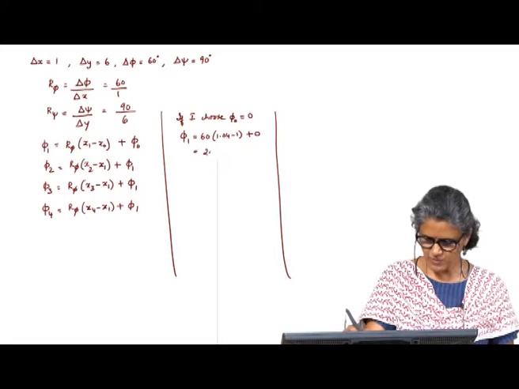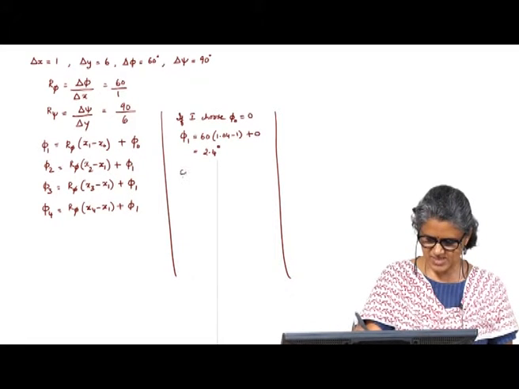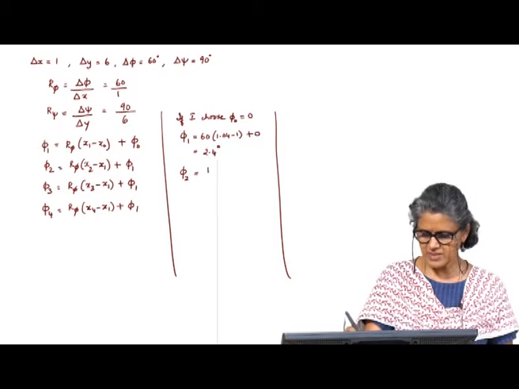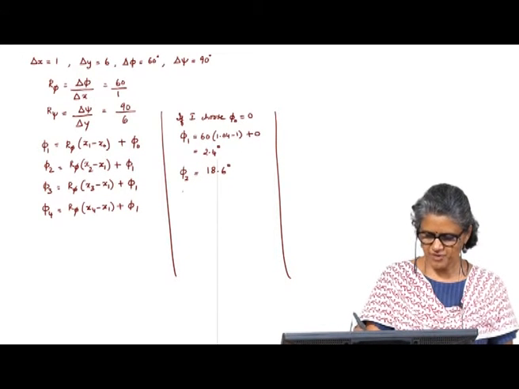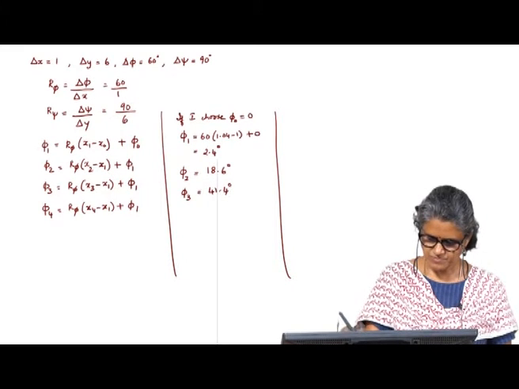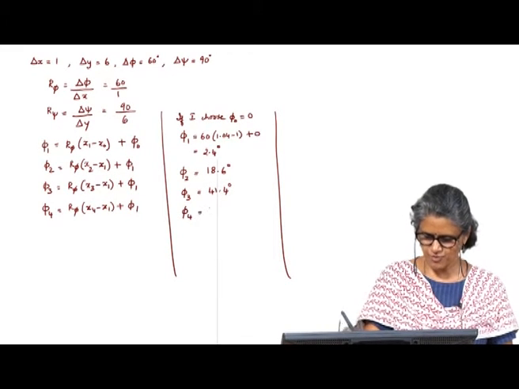So, I get phi 1 equal to 2.4 degrees. In this case, I can similarly evaluate phi 2, phi 3 and phi 4.